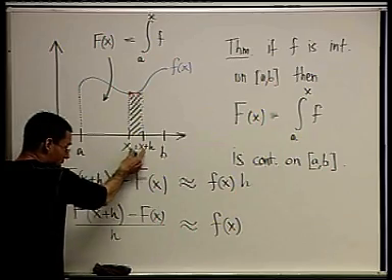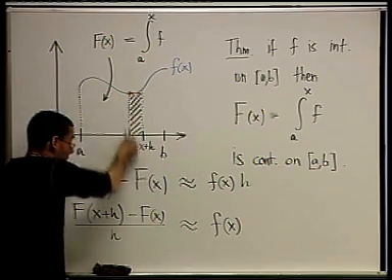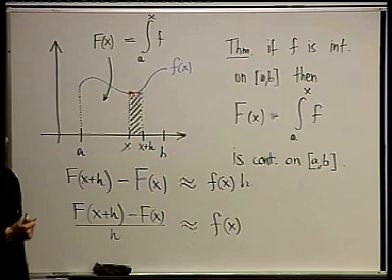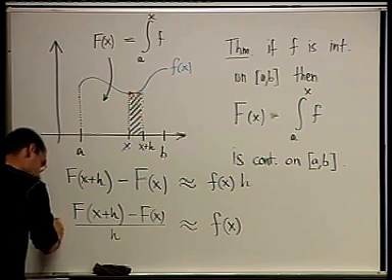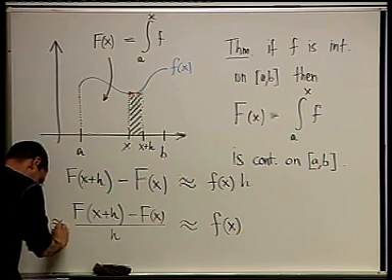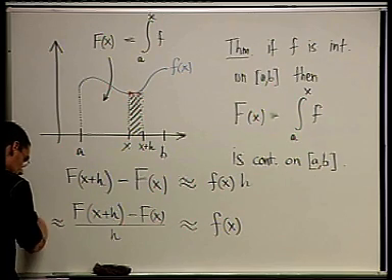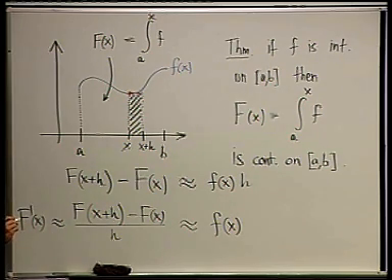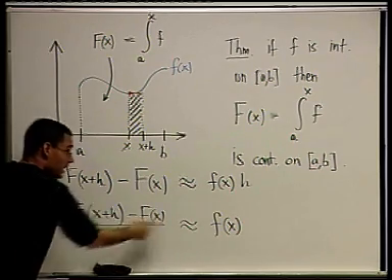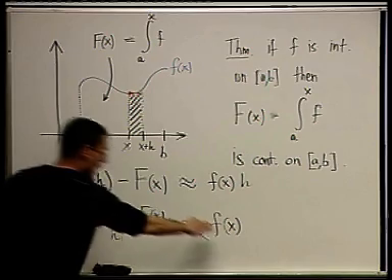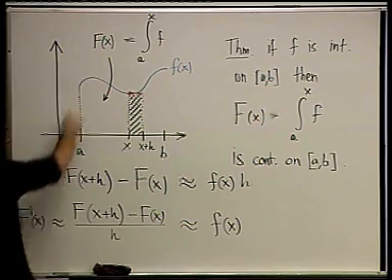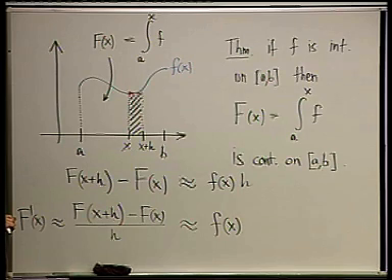As we take h's smaller and smaller, in order to make this statement more and more precise, this is, again, squiggly equal to F prime. Do you agree? So that's the intuition. This is not a formal proof. These squigglies make it not formal. But this is the intuition of how suddenly f is related to the derivative of this function that accumulates area. Good?